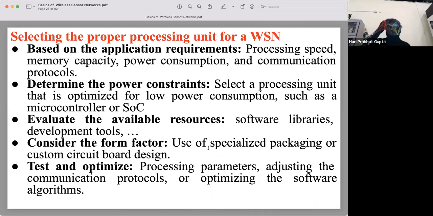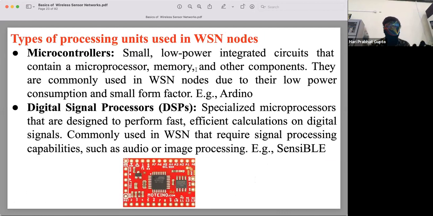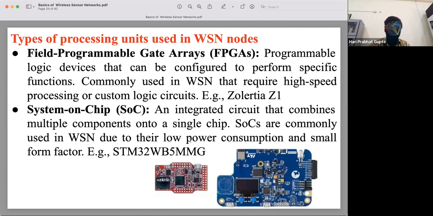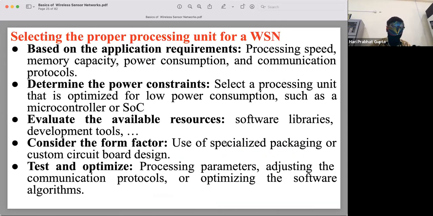Now, how can we select? Not only the application, but also other parameters affect which unit is suitable for my application. If all 4 options are available in terms of your budget, your size, and your requirement, what parameters do we need to consider when we pick one out of these 4? One is the application requirement.